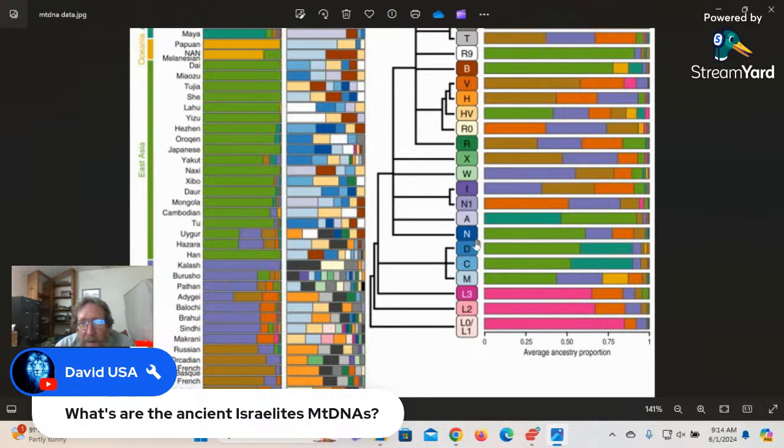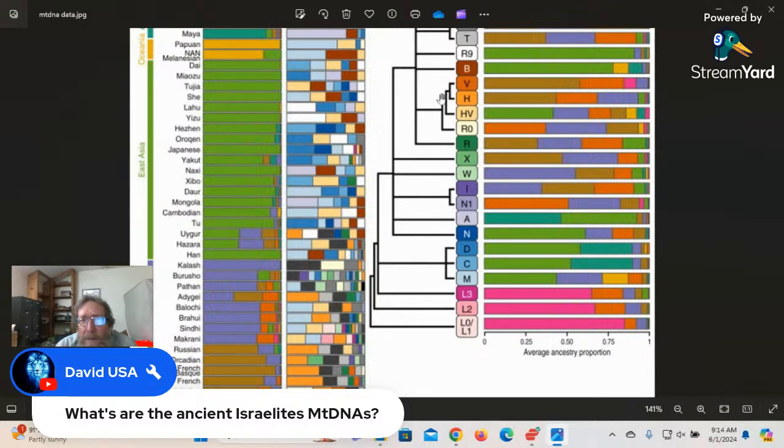And then it's the N, A, N, I, and W. So they have the N and the I kind of linked together. And, well, it doesn't show it here, but the A, X, and W are linked together.